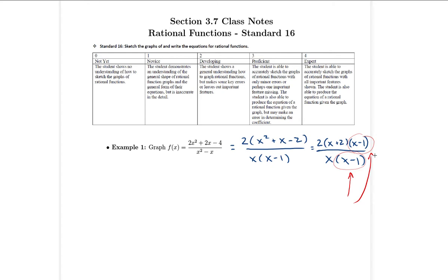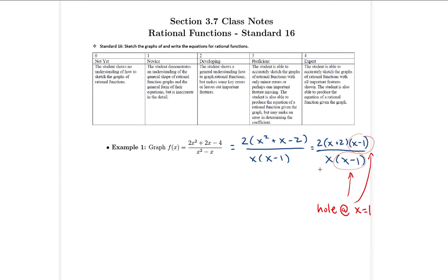The graph does just look like 2 times x plus 2 over x, with the exception of the fact that 1 is not in the domain of this function. So what we would say here is that there is a hole at x equals 1. Bear that in mind as we go to sketch the graph.